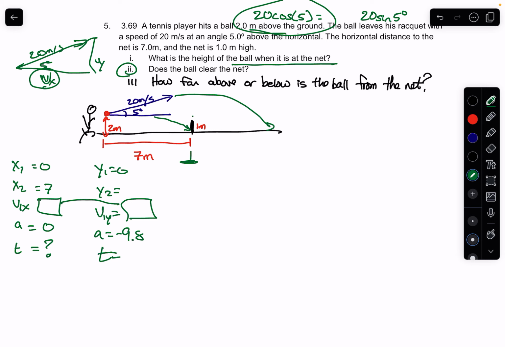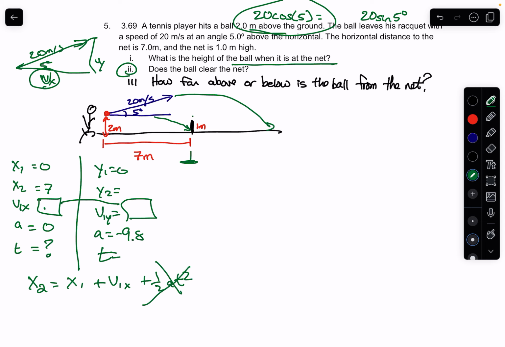So we're going to know these two numbers here and here from SOHCAHTOA, and time. So what I did is I solved for time using x. Since I know v1x, and usually we solve for time using y, I can say x2 equals x1 plus v1x times t plus 1/2 a t squared.